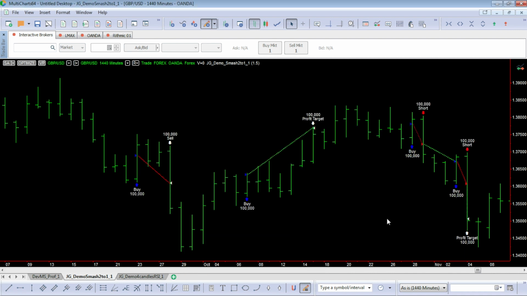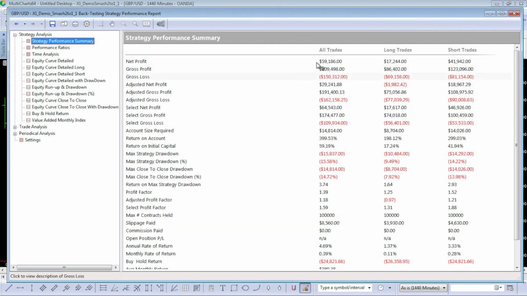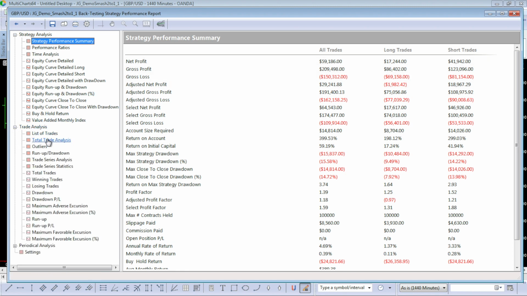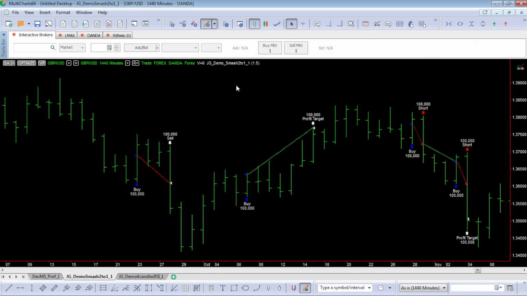So now we've got our closer target of just 1.5-to-1 reward to risk ratio. There's the equity curve, fairly unchanged. It's actually making more money, so it's probably making more trades. Only a few more trades, 295, and a better average trade value, so that's interesting. Let's have a look at 3 to 1.